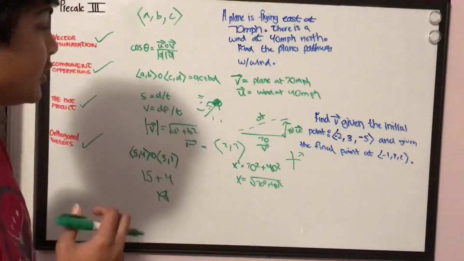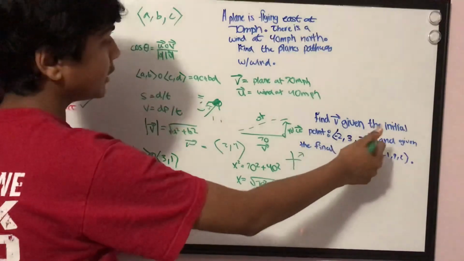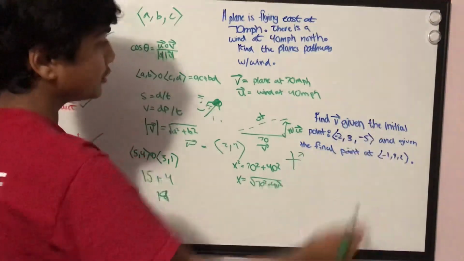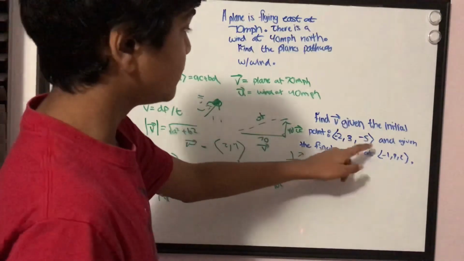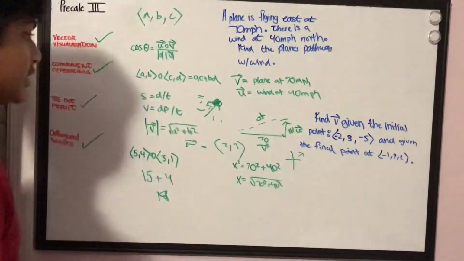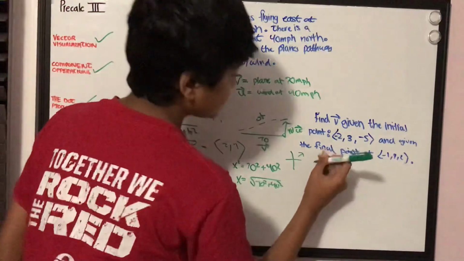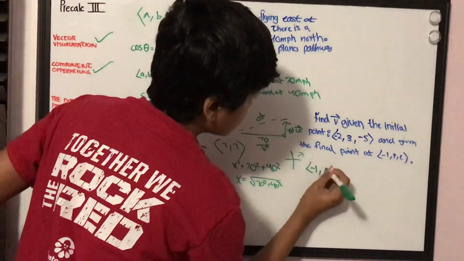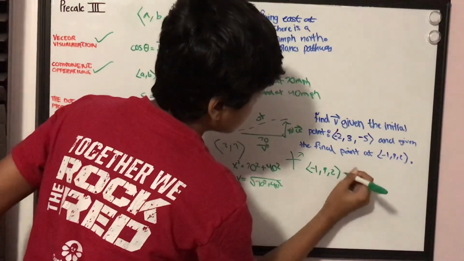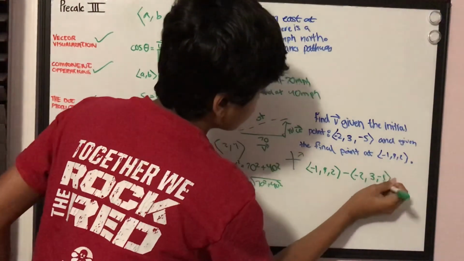To figure out the vector's components overall, we can assume that the initial point is the origin, and we subtract the initial point from the final point to get vector v. So we have to do negative 1, 9, 2 minus negative 2, 3, negative 5.